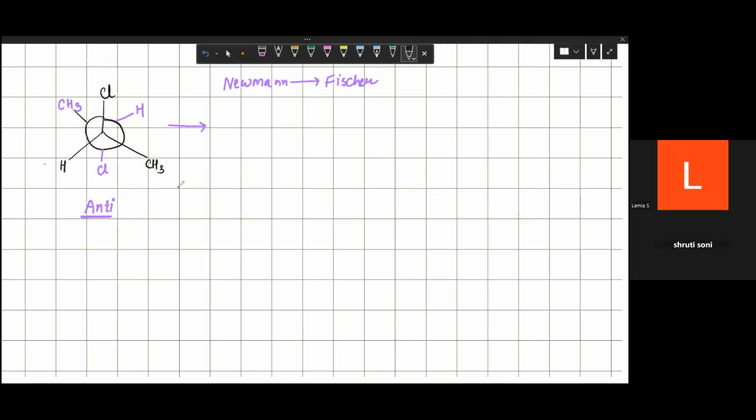This one is anti, another one is staggered and eclipsed. So the anti form, or you can say the staggered form of Newman. Now we need to convert this staggered form into an eclipsed one.